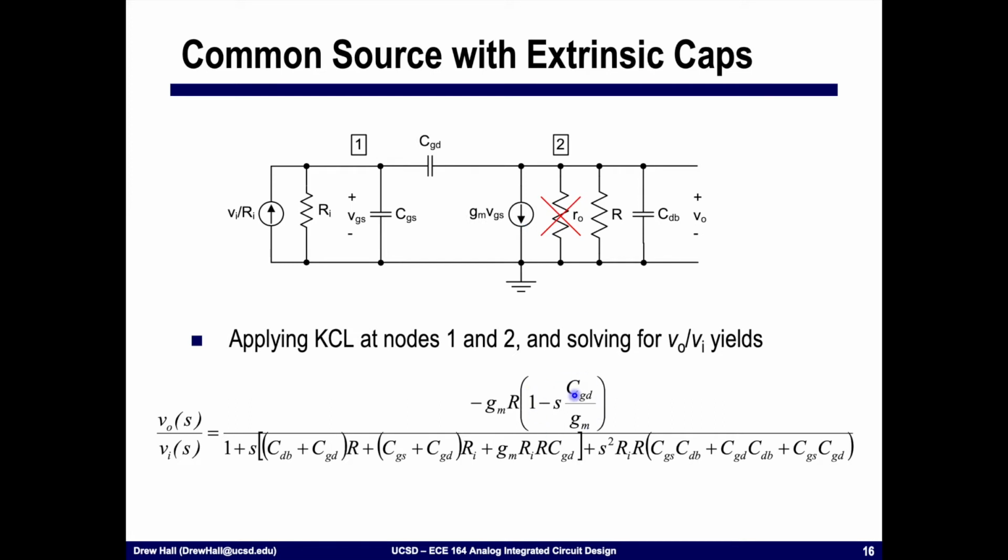Now, we have a very big mess in the denominator. But you can see a little bit, and I've tried my best to factor things out and put this as cleanly as possible. But this circuit, even this very simple circuit, does not give you a very satisfying result. It's very complicated in terms of its poles. And so what we see is that we have 1 plus s times this plus s squared times this.